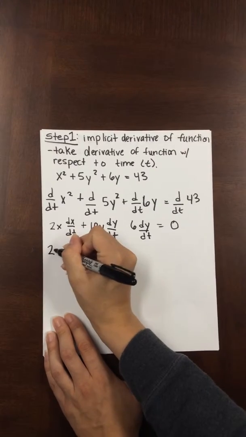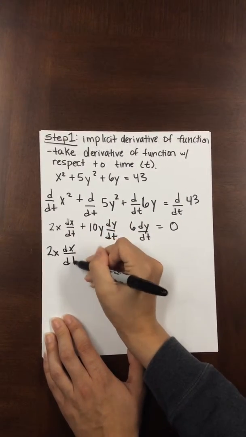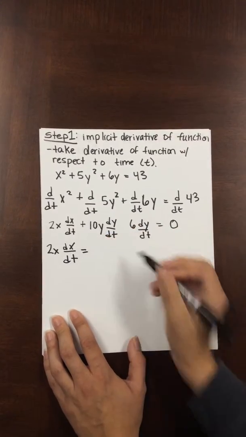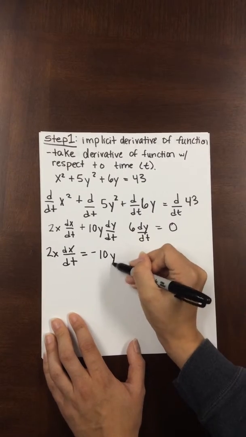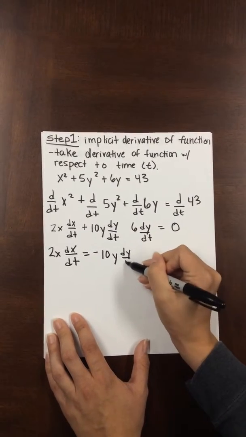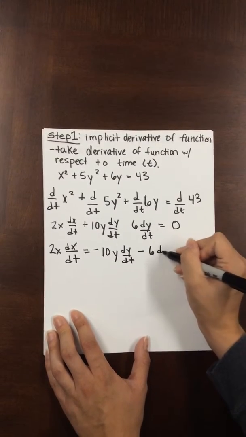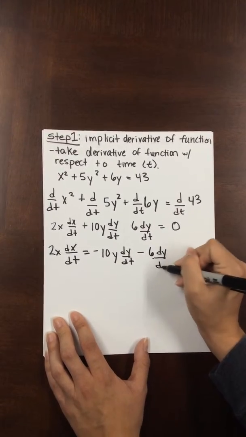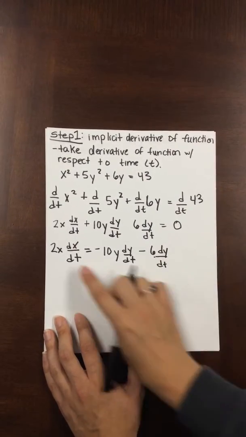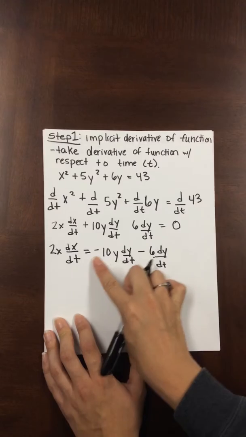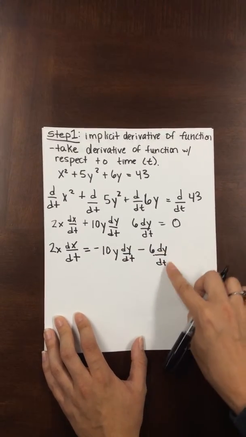So I have 2x dx/dt equal to negative 10y dy/dt minus 6 dy/dt, since I brought those to the other side of the equation. Now we have 2x dx/dt equal to minus 10y dy/dt minus 6 dy/dt.